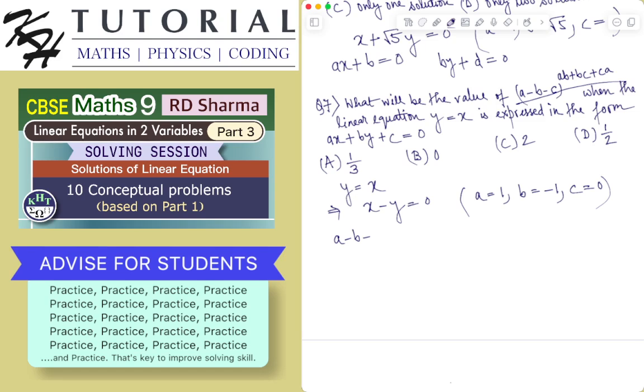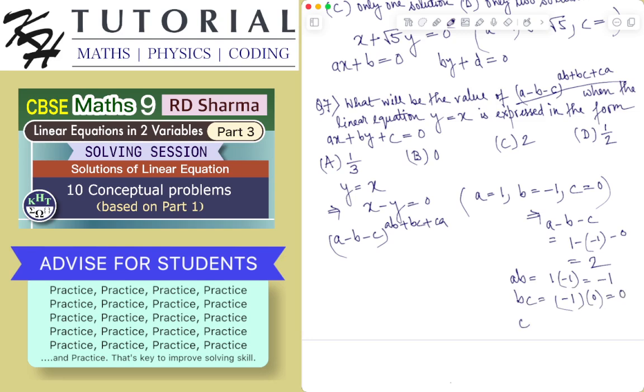Now, what will be (a minus b minus c) whole raised to the power ab plus bc plus ca? A minus b minus c is equal to 1 minus (minus 1) minus 0, so this is 2. What is ab? ab is 1 multiplied by minus 1, this is minus 1. What is bc? bc is minus 1 multiplied by 0, which is 0.